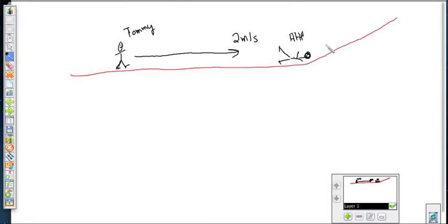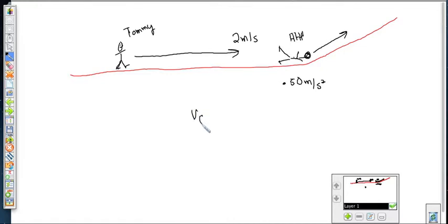And so let's say that then he'll continue, of course, up the slope, but as he goes up the slope, he's going to have a constant acceleration that's going to slow him, which is 0.50 meters per second squared. Okay, so this is his acceleration to slow him. So let's see how fast Tommy would be going after 2 seconds.